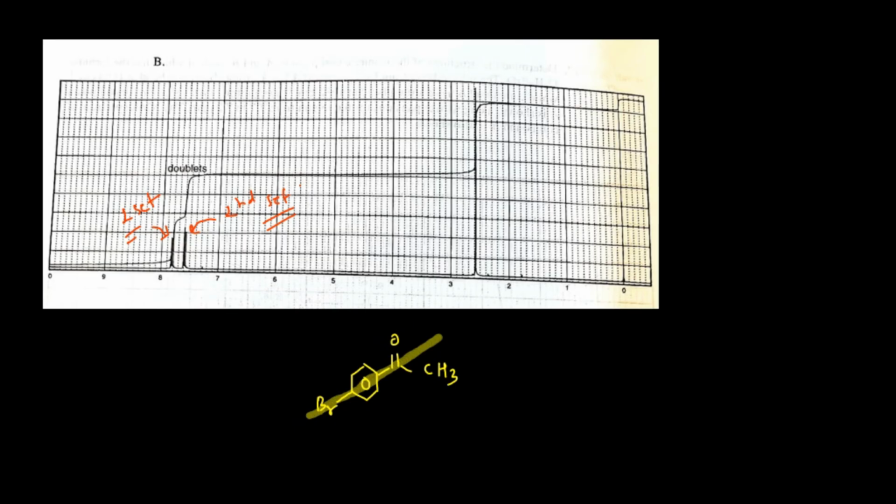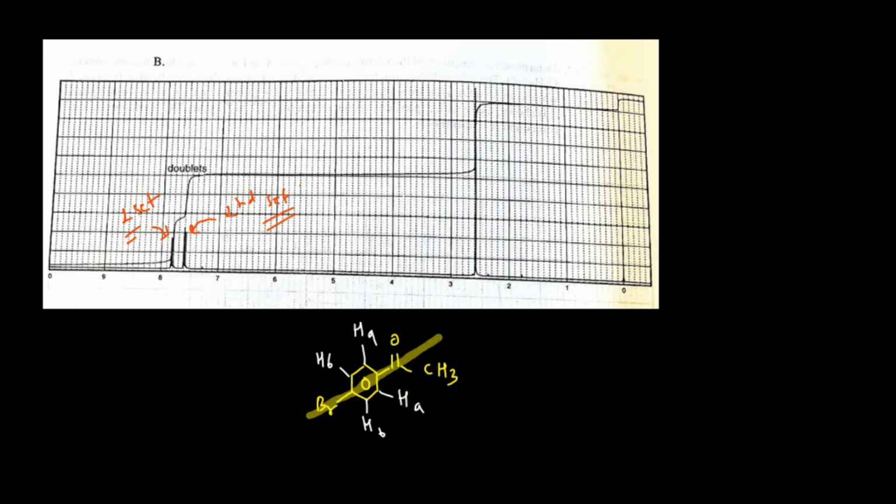When the plane of symmetry is here, that means this particular hydrogen, which I am calling Ha, is identical to this hydrogen, which is also Ha. Similarly, this hydrogen we can mark as Hb, and this is also Hb. So due to this plane of symmetry, these two hydrogens are equivalent.